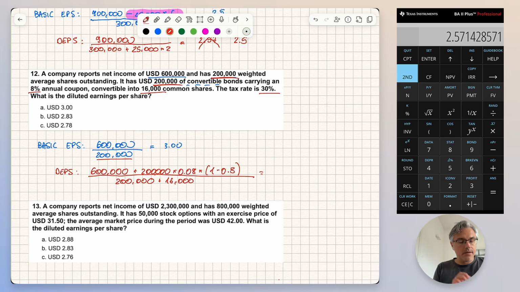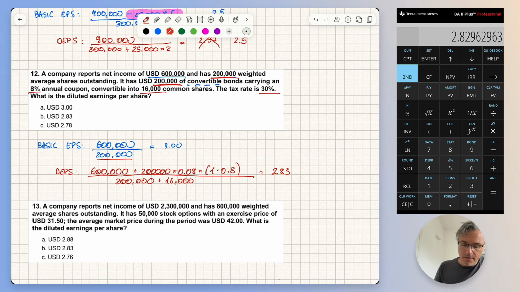Right, so take my calculator and do 600,000 plus 200,000 multiplied by 0.08 multiplied by 0.7, namely 1 minus the tax rate, equals, and divide by 216,000. Okay, 2.83 seems to be the answer.